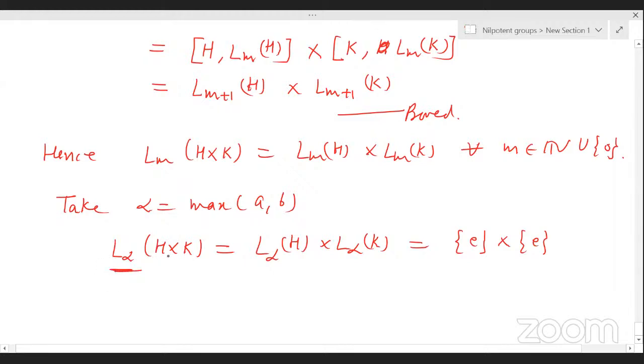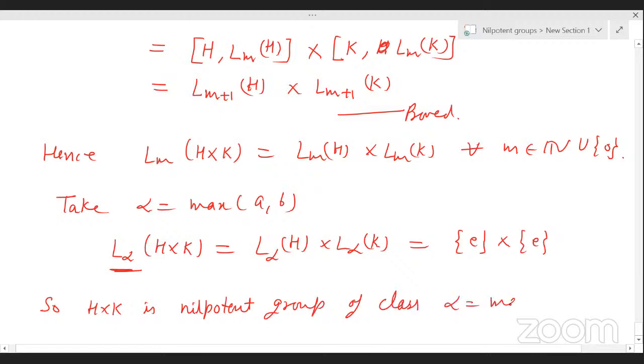So this is a trivial H cross K. So H cross K is nilpotent of class alpha, which is equal to the maximum of A and B.